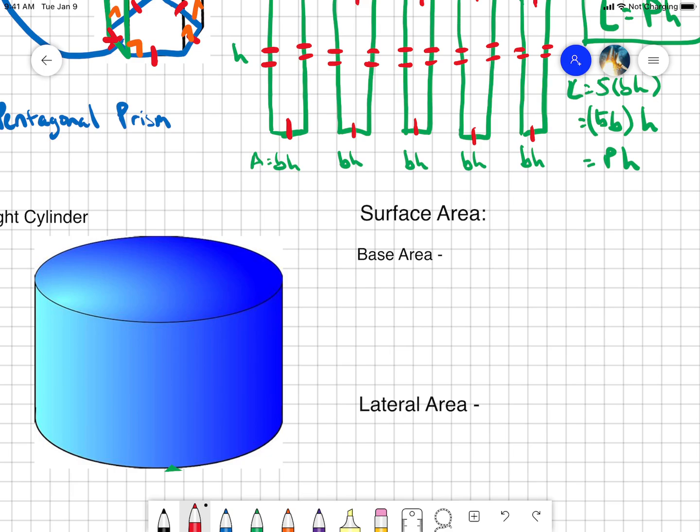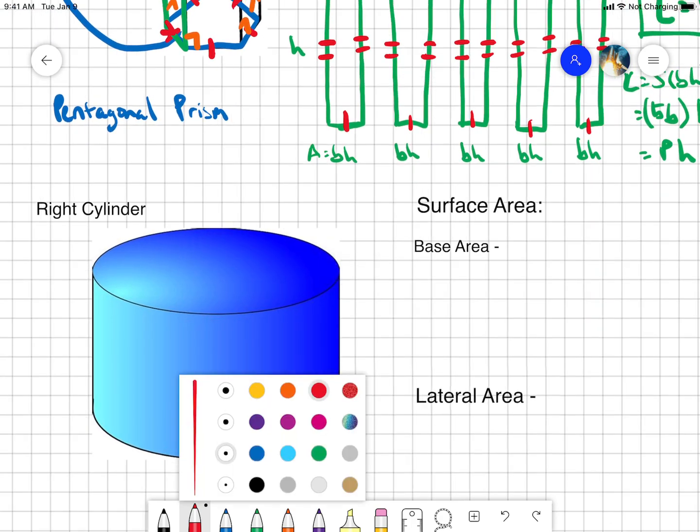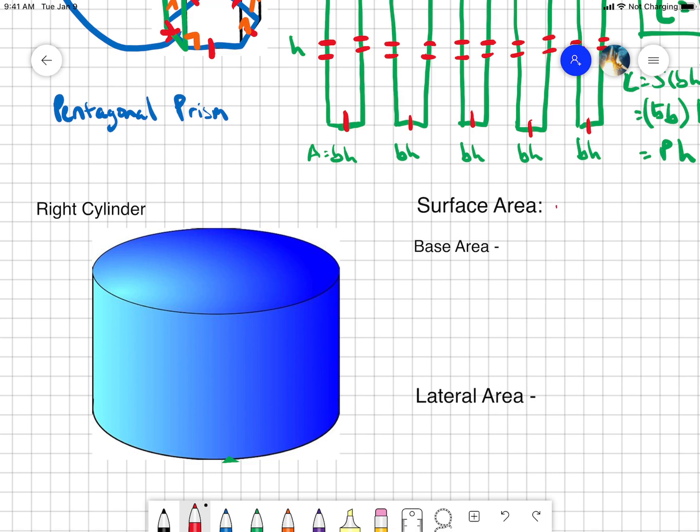So, for surface area for these guys, we're going to develop the formula. First thing I want to do is understand how I am going to do this. Let's just talk about the base area first, just like we did with prisms. So again, this is a circle, the top and bottom.